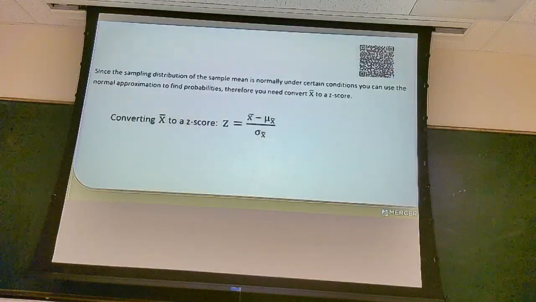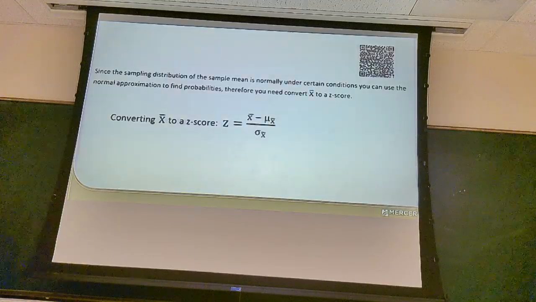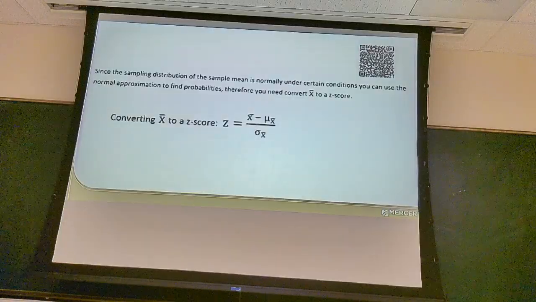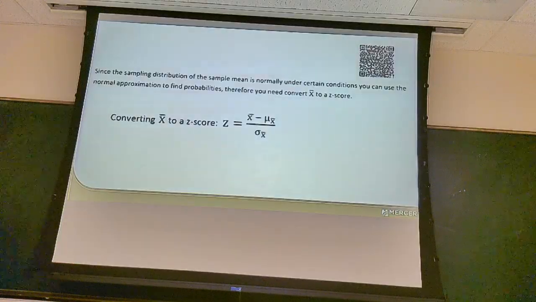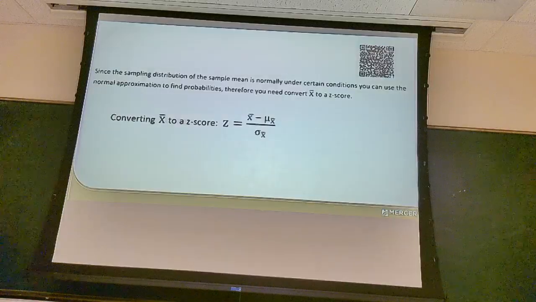So you have your z-score, and it's the same, it's just that now you have a different mean and a different standard deviation. The x bar here doesn't represent a mean from the random variable. That x bar is a value of the random variable, because that random variable is means.